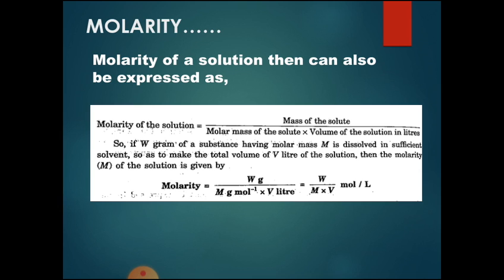So molarity can be written as W by M into V, where W is the mass, M is the molar mass, and V is the volume. The unit is mole per liter for molarity. This way we can find the molarity of the solution.